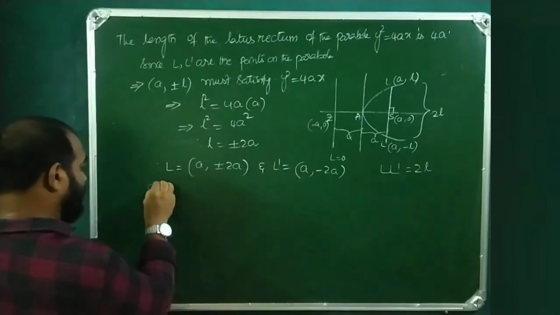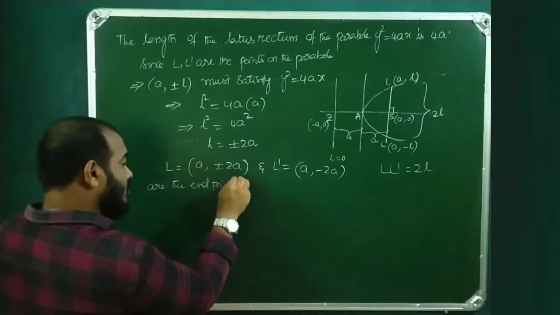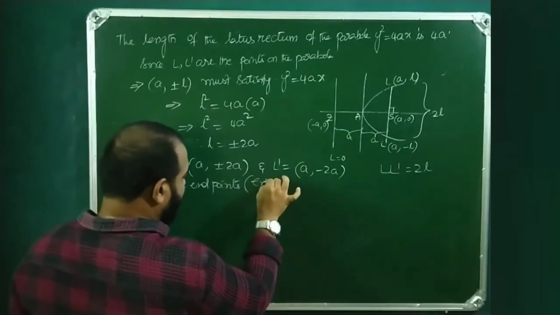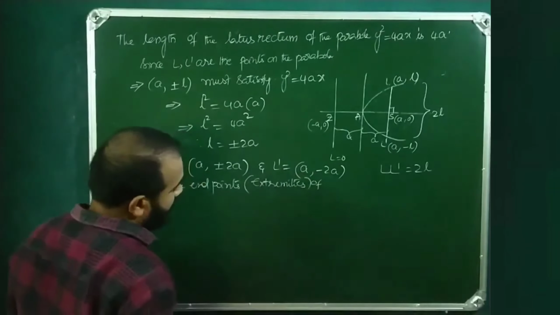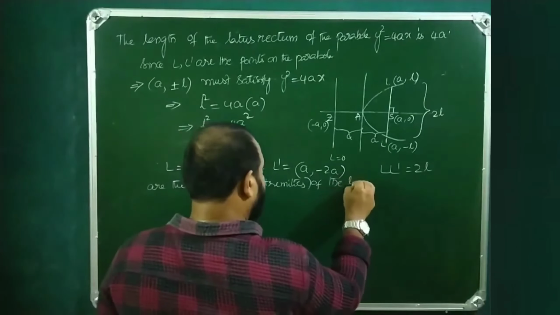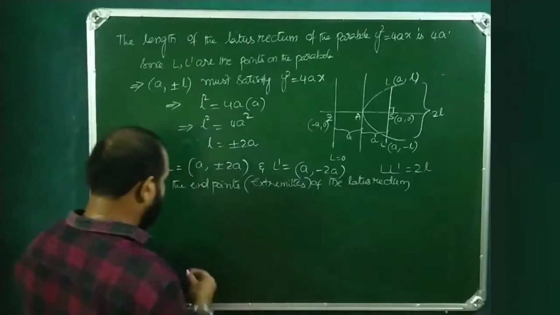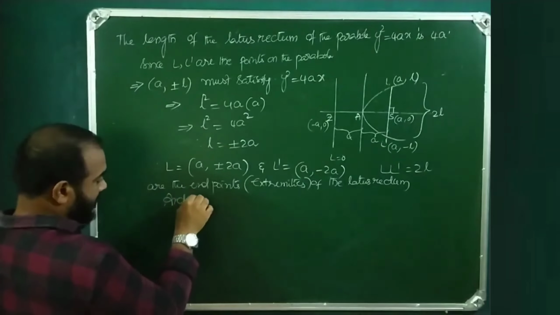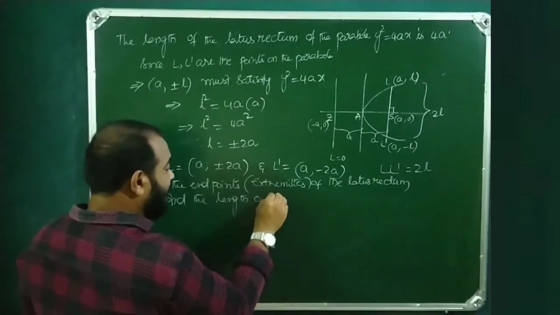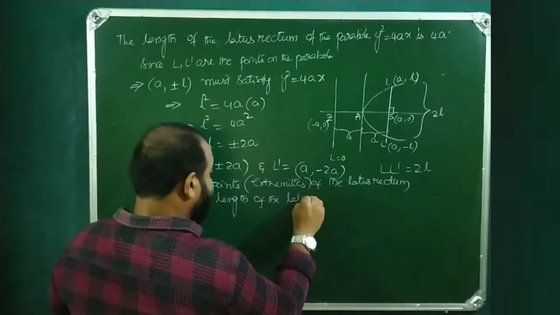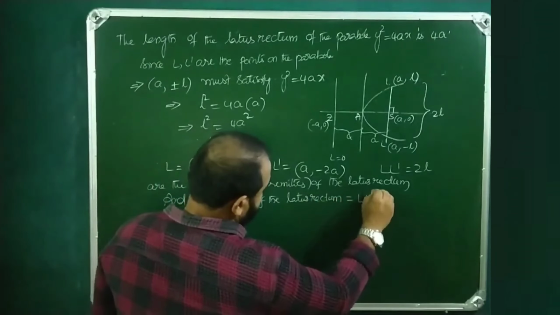These are the end points, or in other words, the extremities of the latus rectum, and the length of the latus rectum is equal to LL dash.